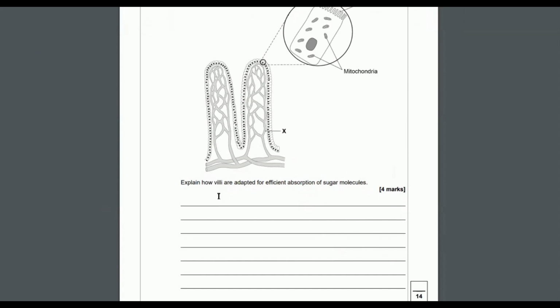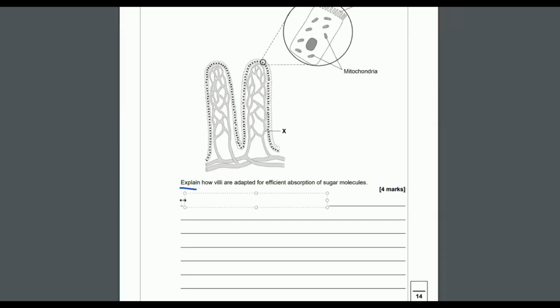Well, it says explain. So you're going to describe what a good exchange surface has. Now, this is in the small intestines for absorbing food, but you'll find most of these things are also found in the alveoli of the lungs, which give the alveoli the ability to absorb oxygen.